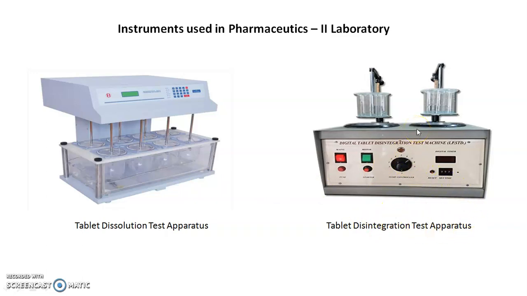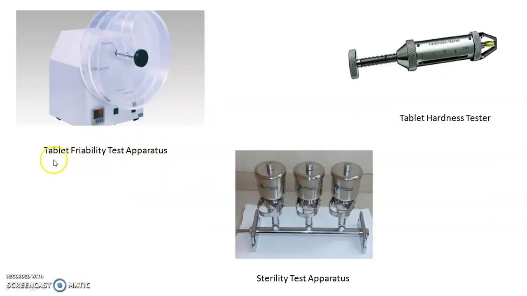Second, this one, that is the tablet disintegration test apparatus. By this apparatus, one can find the disintegration time for that particular tablet, meaning how much time is required for the tablet to disintegrate from the compressed or bound form into smaller particles. Then third, the tablet friability test apparatus. This is the Roche friability tester, which is used to determine the friability of tablets.